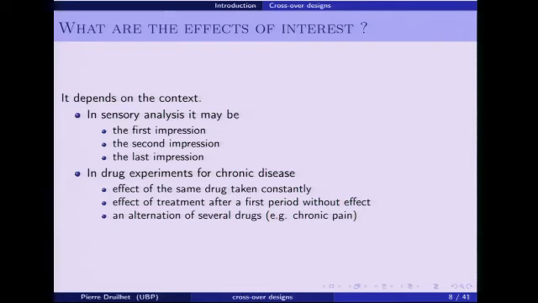For sensory analysis, when you try, for example, a new wine or new food, the first impression is not always the impression to be considered, because if you try once, you may be surprised, and it's just at the second or third time that you have a good impression or bad impression.